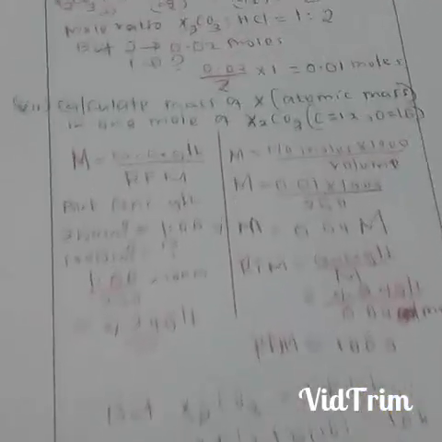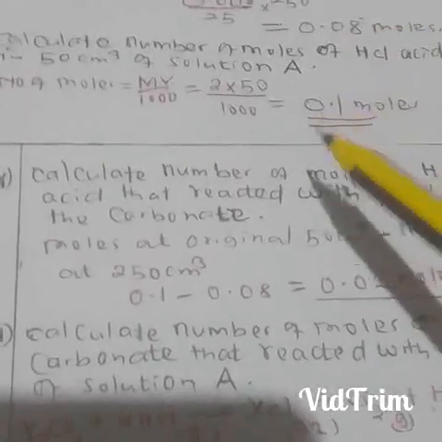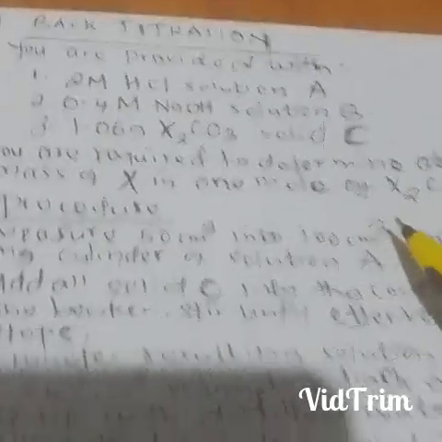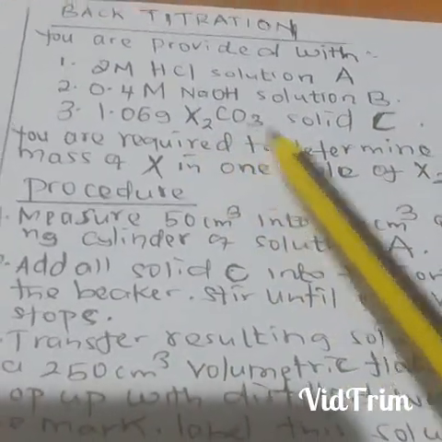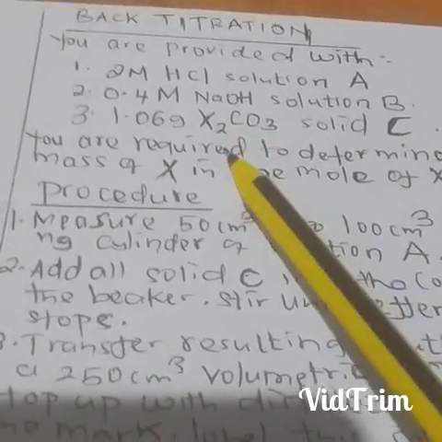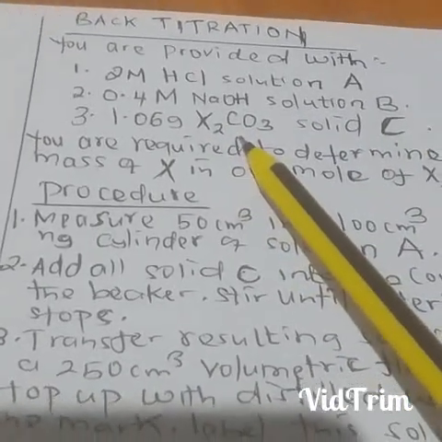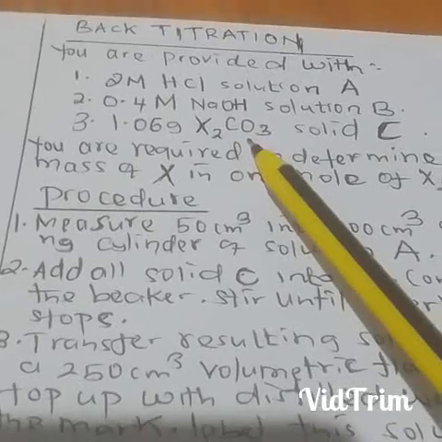So what does this mean? Let us come here, my student. Let us come to the top. It means this X carbonate, solid C, was sodium carbonate. Is it okay, my student?